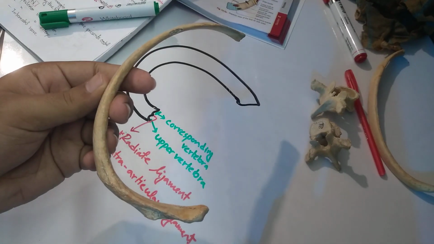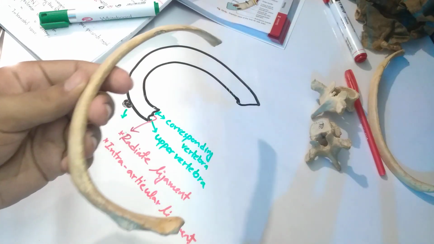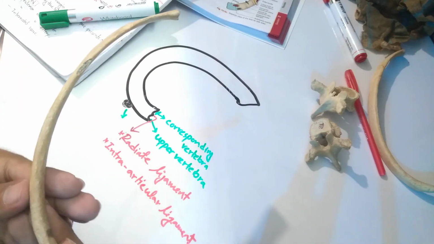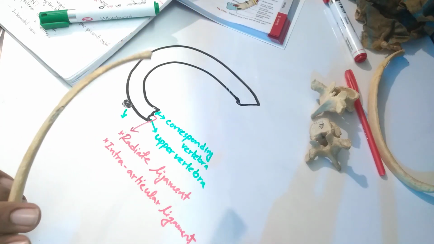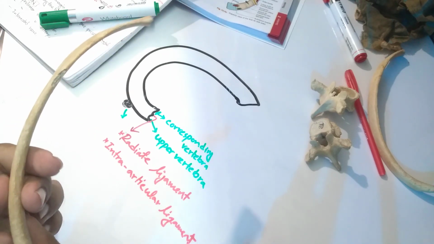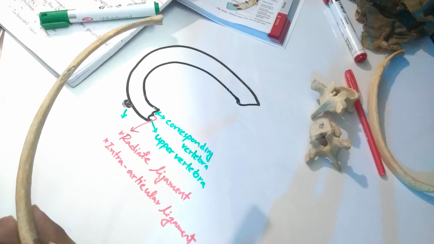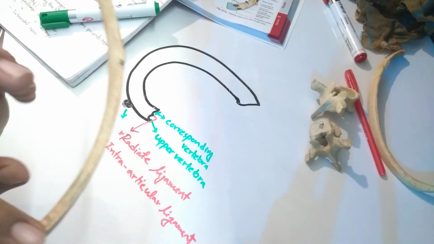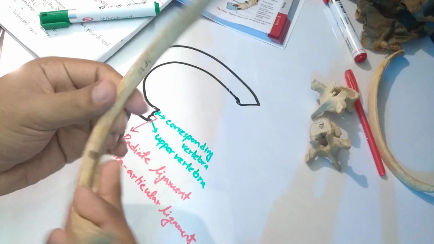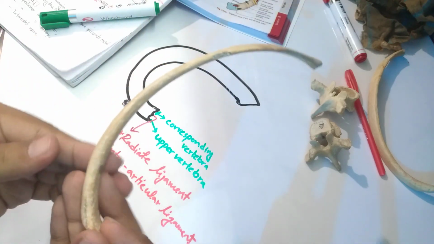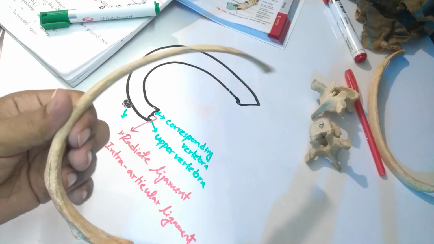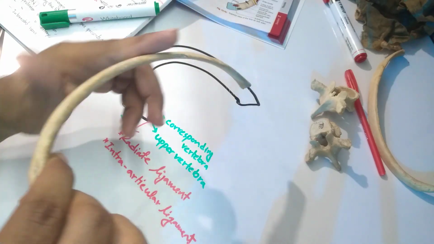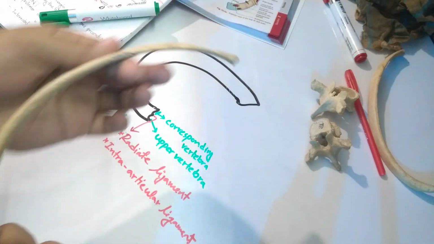Then the body of the rib has two borders and two surfaces. The borders are the superior or upper border and the inferior or lower border, and the surfaces are the outer surface and inner surface.